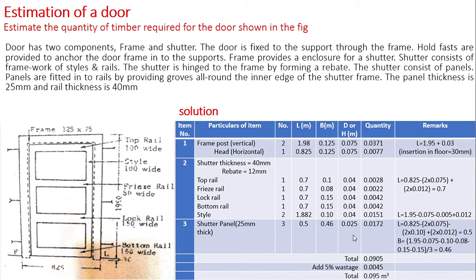Breadth of each panel is obtained by vertical height for panel divided by 3, which is equal to 0.46 meter. Thickness of panel is equal to 25 mm.